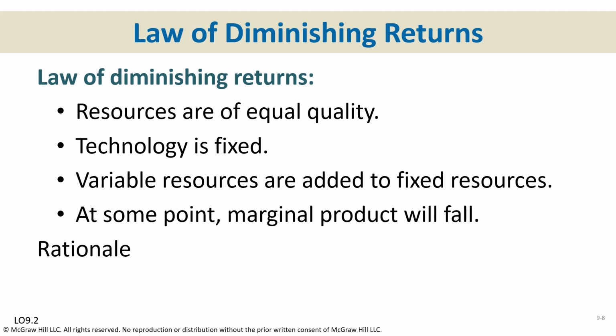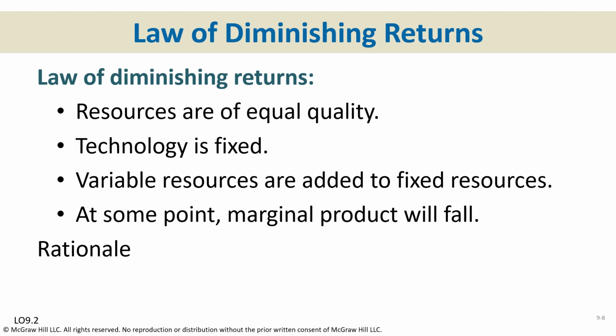As the firm continues to hire more and more labor, the TP is rising by increasing amounts because the machinery is being used more and more to its capacity. However, at some point there will be so much labor that the fixed resources are overutilized and the individuals will have to wait to use the necessary equipment.